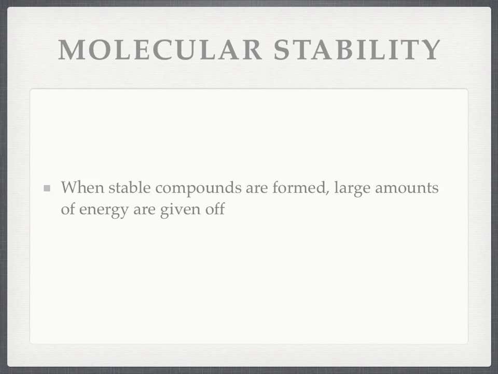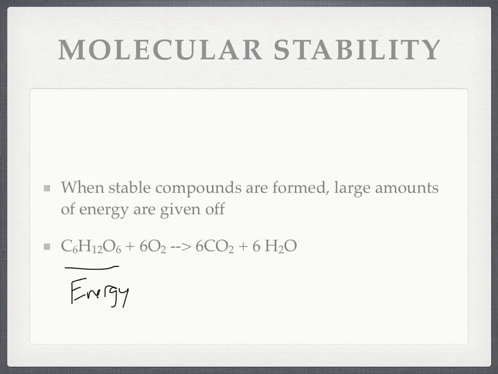If they can change their configurations down to more stable things, they'll do that. For instance, when you take glucose, C6H12O6, that has a very high energy, lots of energy here. And we can lower that energy basically by adding oxygen.